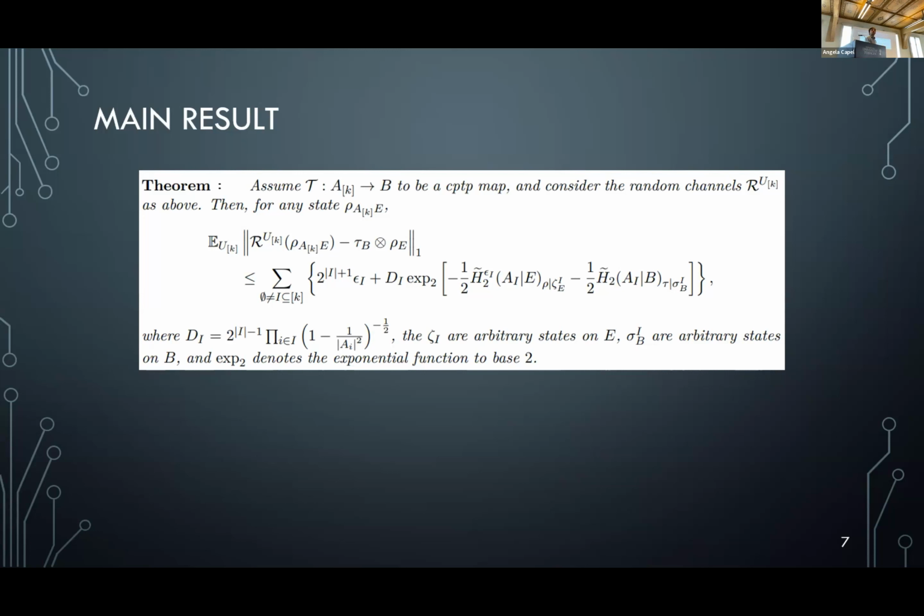That was what was shown in the vanilla interpretation: in order to smooth both entropies, you have to perturb your superoperator. Yeah, I'm not sure about that. Let's discuss it later, because I don't think I'm understanding the question completely.